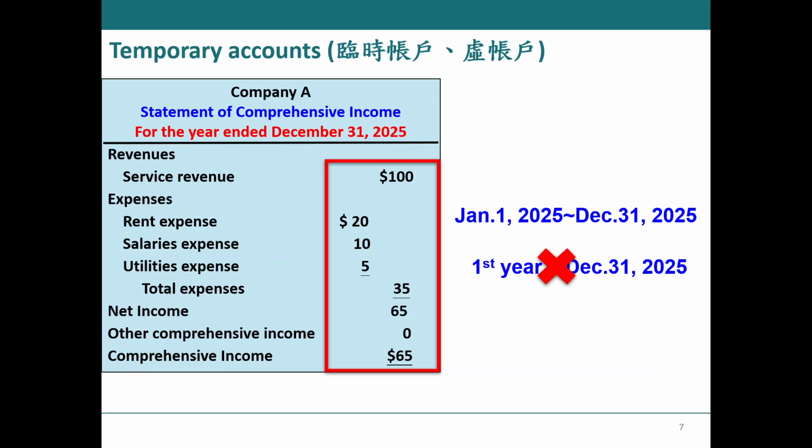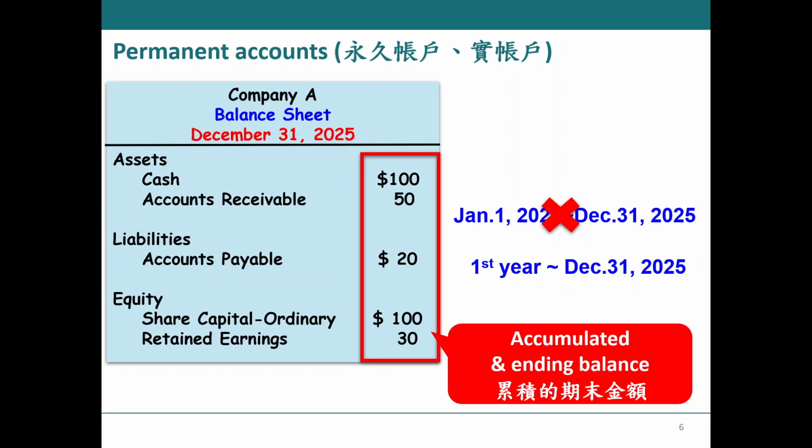When we talk about assets, I have the cash $100. Means what? Since the first day to right now, maybe 18 years, I totally have the cash, how much? $100. So that 100 means maybe 18 years.